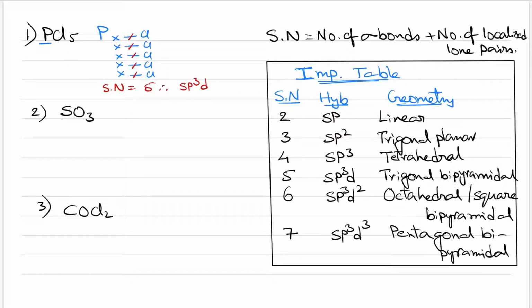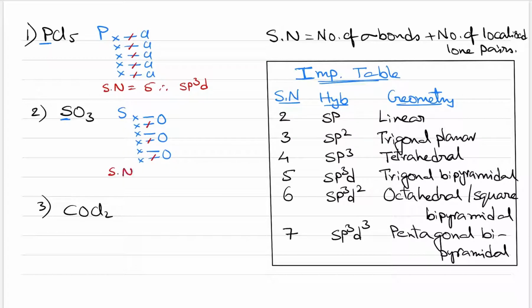Second example, let us see the SO3 molecule. Sulfur is the central atom. Sulfur has 6 valence electrons: 1, 2, 3, 4, 5, 6. Oxygen is a divalent atom, so put a double bond with each oxygen. Then count the number of sigma bonds: 1, 2, 3.